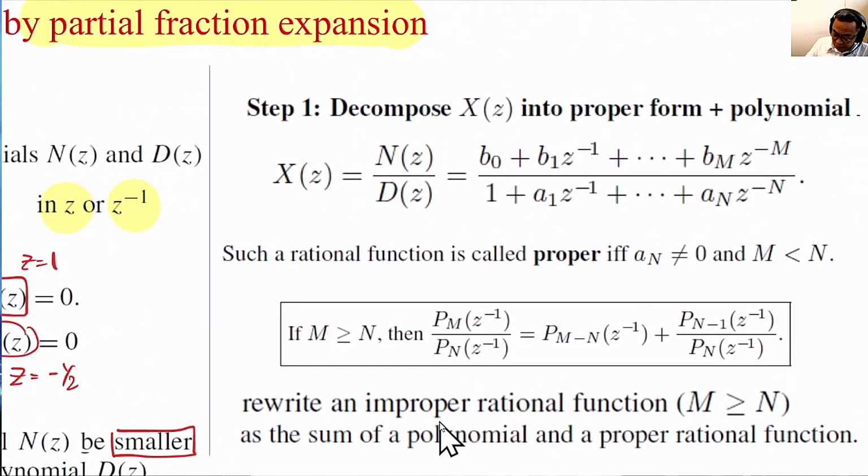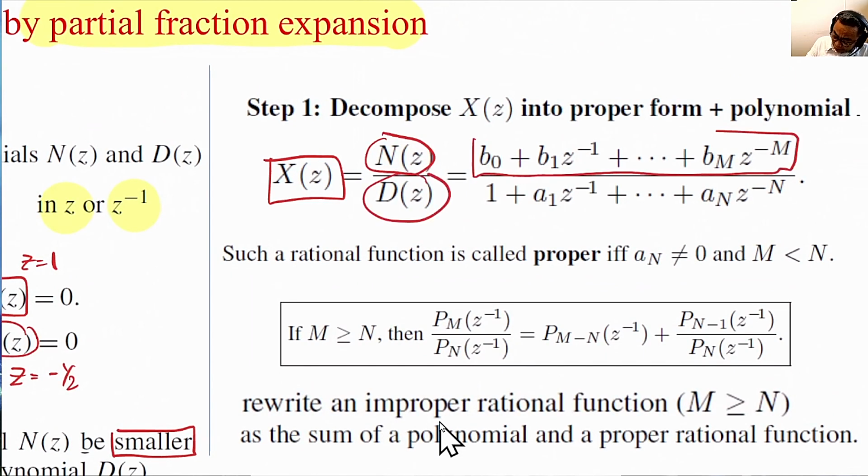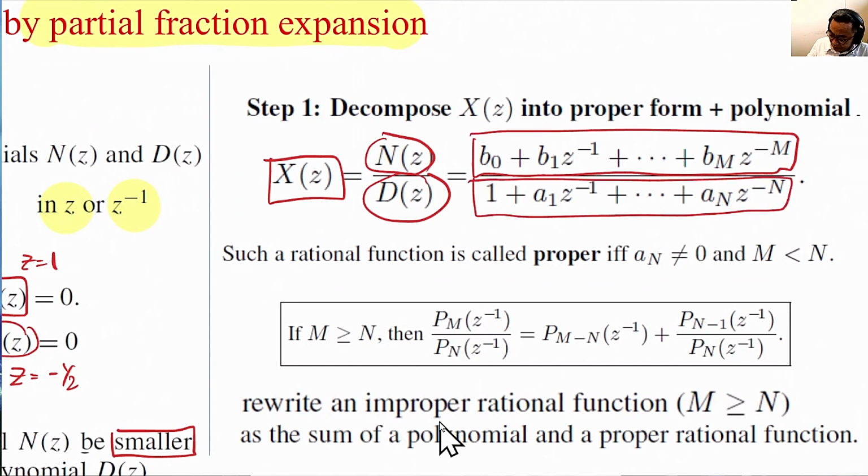So the first idea is that we're given X(z) as two polynomials. In this example, we are using negative powers of z in the polynomial, and we have degree m and degree n. We have a proper rational function when m, the numerator degree, is less than n.